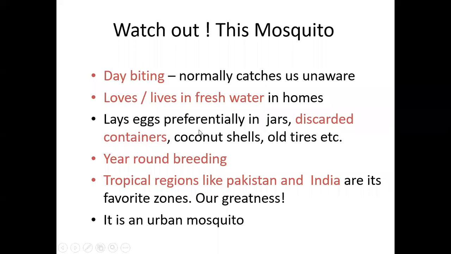It lays eggs preferentially in jars, discarded containers, coconut shells, and old tires. The breeding occurs year-round, and dengue virus is common in tropical regions like Pakistan and India. So it is not our greatness; these are the favorite zones.